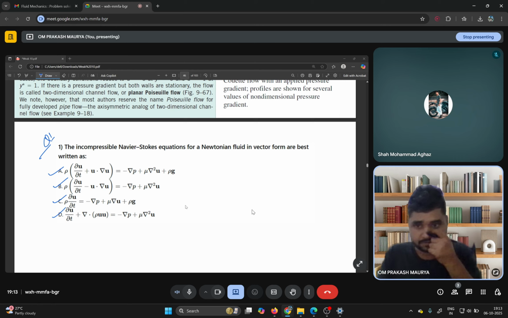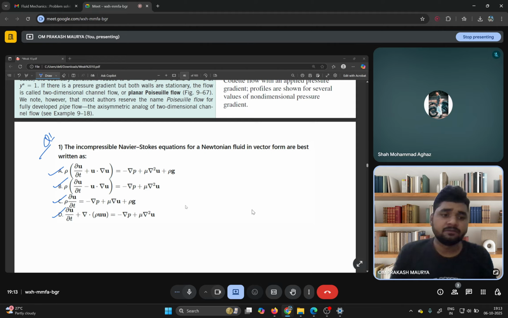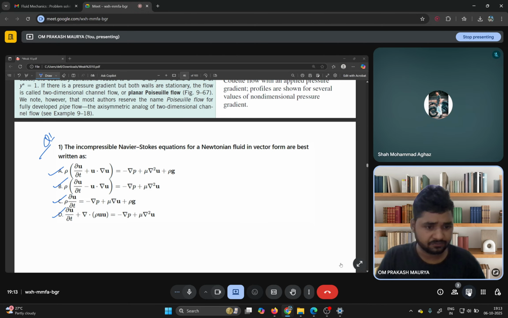You have four options. As I have discussed about the Navier-Stokes equation, this is just a basic question from here. So please just try to solve. Think on that and write your answer in the chat box. You can write very easily.